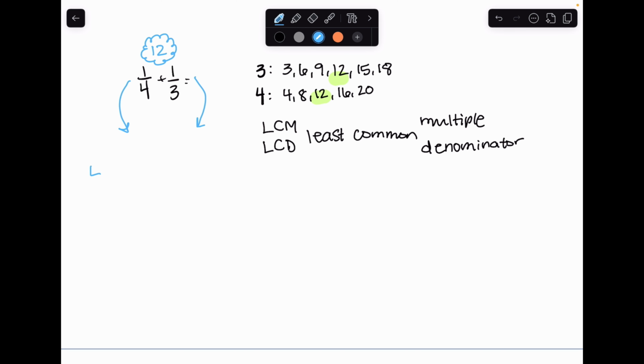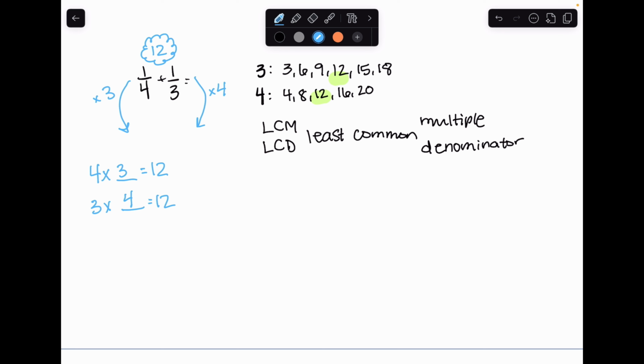So to figure out what we need to multiply by, we're going to ask ourselves 4 times what number will give us 12? And if you do your math in your head, it's going to be 3. So 4 times 3. And then on the other side, we have to ask 3 times what equals 12? Well, if 4 times 3 equals 12, 3 times 4 must equal 12.